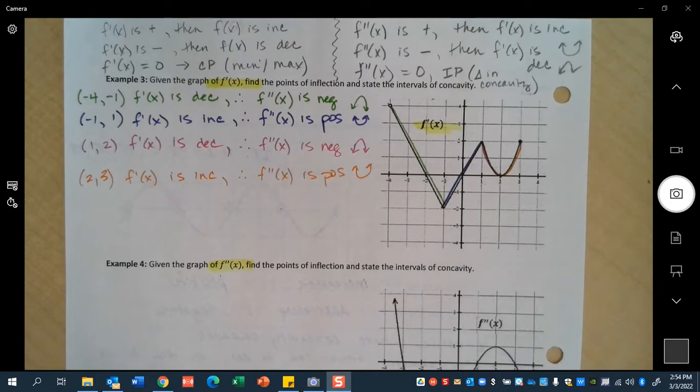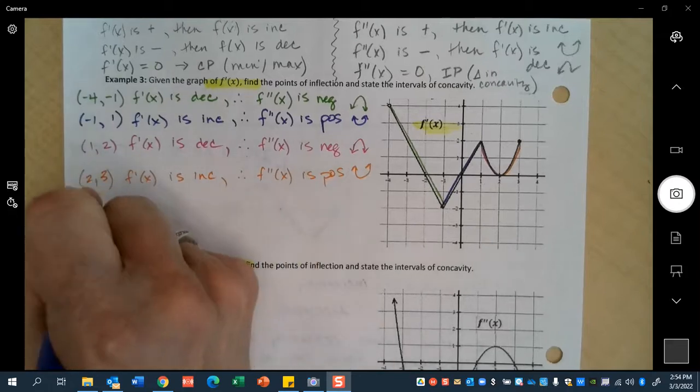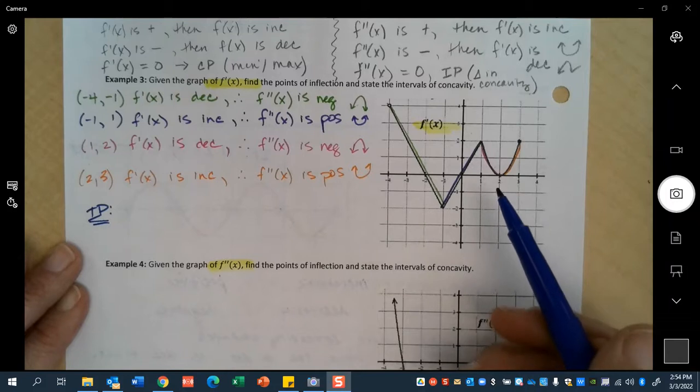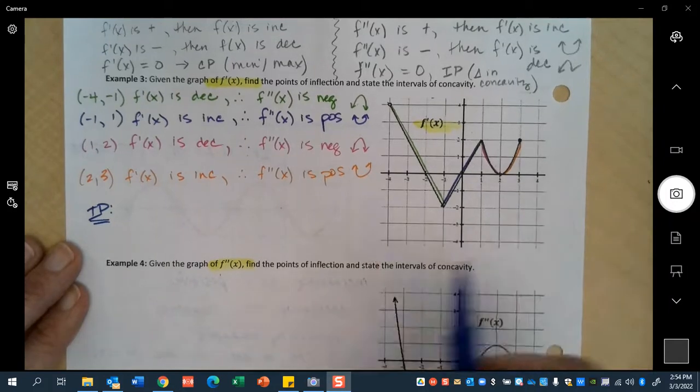So now it becomes important to talk about our inflection points. We can go back and say our inflection points are going to be where the concavity of my original graph changes.